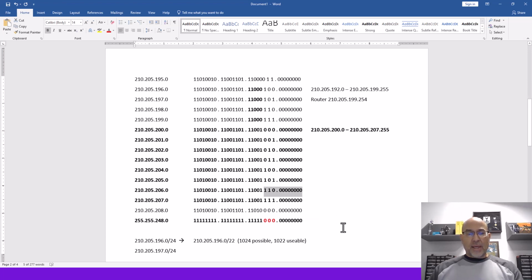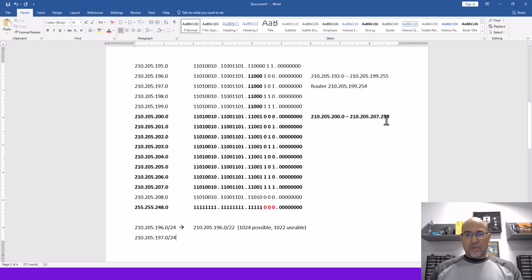What would this new mask be? So let's do this. Well, we'll go ahead and put it over here since we can see it. Our new mask is 255.255.248.0, or we would say /21.